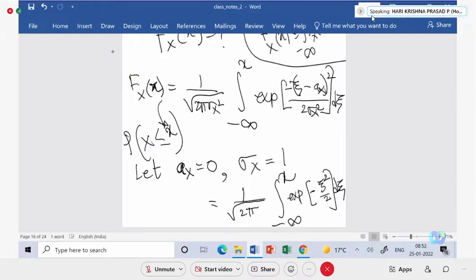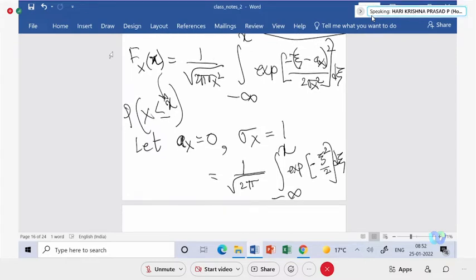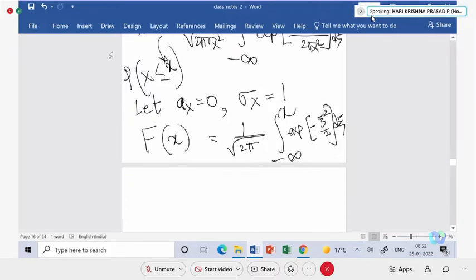The idea of this notation is, when I perform this integration and replace xi by small x limits, the resulting quantity is a function of small x. Now the distribution function is represented as simply f of x. So how do we relate fx of x and f of x?